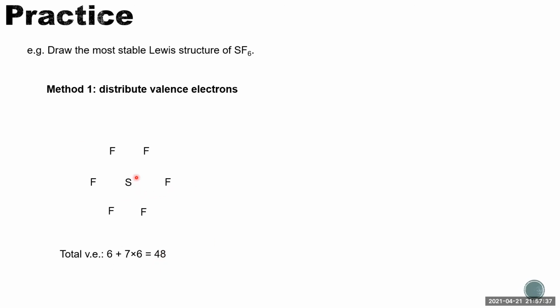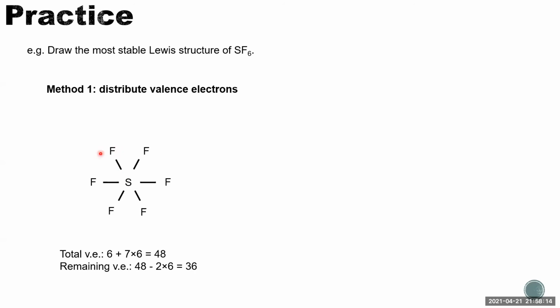Then we start to form a single bond between sulfur and each fluorine, so now we have 6 single bonds. That is 6 times 2, which equals 12 electrons used. So the remaining valence electrons is 36. With those 36 valence electrons, we can start to fill in the octets of the surrounding atoms and make sure they follow the octet rule, and then we can take care of the central atom.